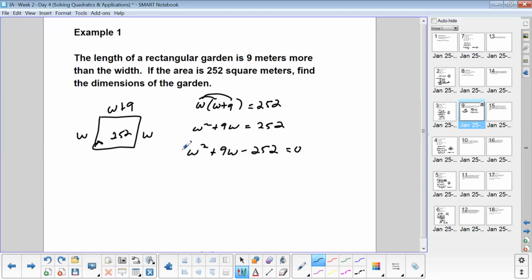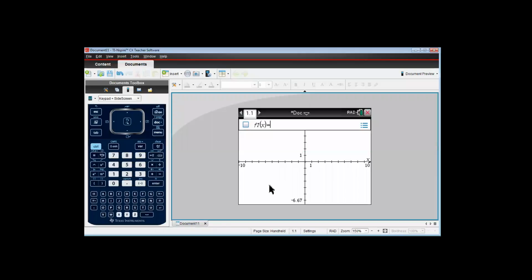So what I have is A is 1, and so I'm looking for factors that multiply to give me negative 252 and add to give me 9. This is something we'll look at on the calculator in class as well, and that is how to let the calculator help us find different factors.